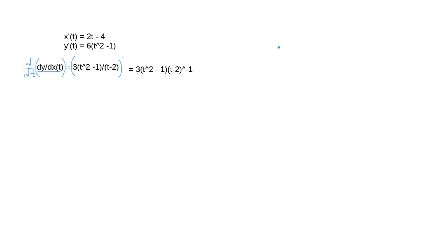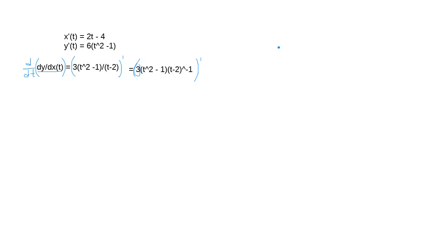So I can do the product rule. When I take a derivative of this, I'm going to leave 3 outside the differentiation. So I'm going to get 3 multiplied by, well, let's use this bracket.